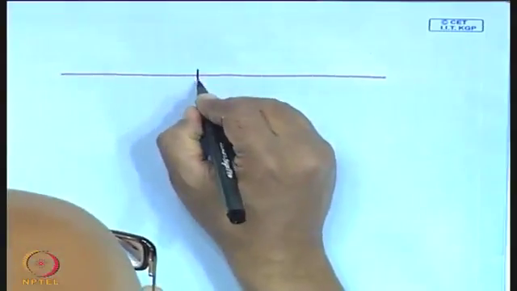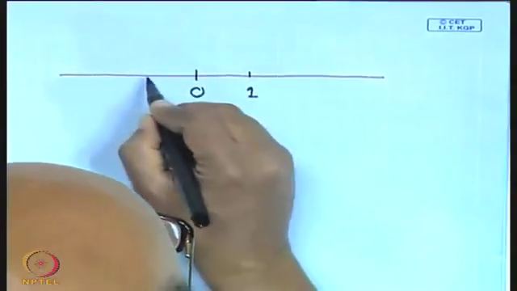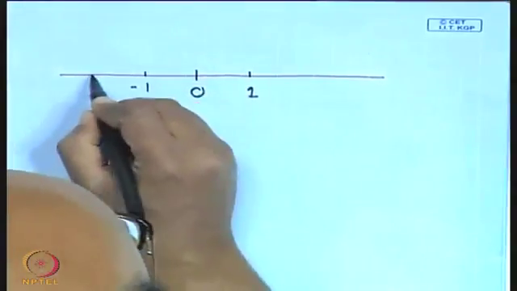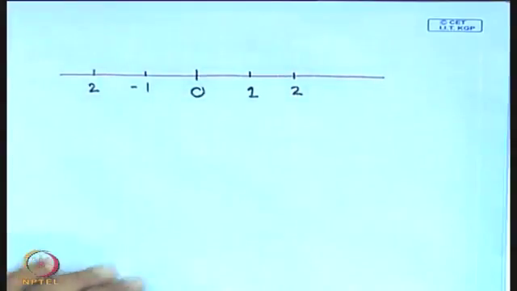So consider a 1 dimensional universe just for argument, and there is an observer sitting here, I am the observer, and a distance 1 away, this is 1, this is -1 and this is 2, these are distances in different directions, and there are galaxies at these distances.